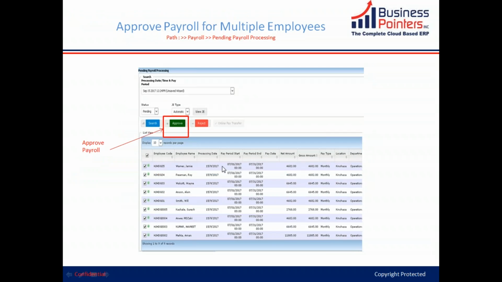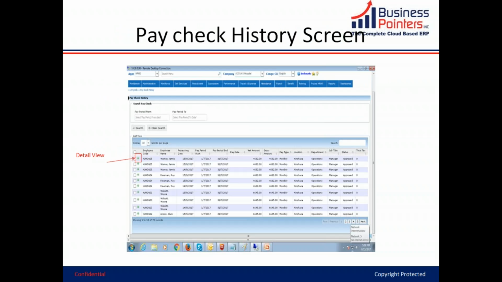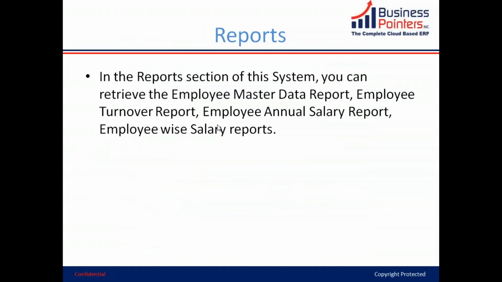So this is how you approve the payroll wizard for multiple employees. After the payroll is approved, you check the paycheck history in the paycheck history section. This is a list of all the paychecks under the paycheck history screen.